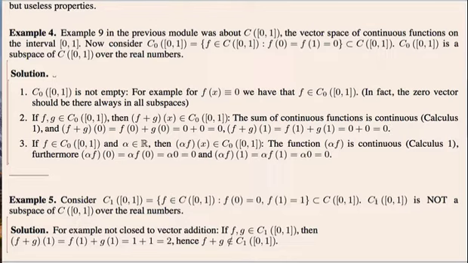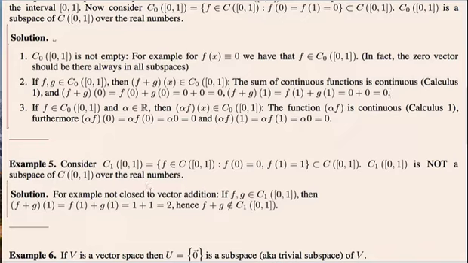But it turns out that C1 is not a subspace of all the continuous functions over 0, 1, over the real numbers. Any of the three properties could fail, but the first one doesn't fail because you can easily find a function which is in this subset. So we could consider just vector addition or scalar multiplication to fail.